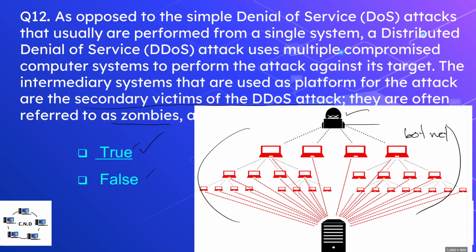And using this system, the attacker targets a victim system or a server and launches a distributed denial of service attack against the system. So this is called distributed denial of service because the attack is carried out by a huge number of systems as opposed to a simple denial of service attack where the attacker carries out the attack individually against the system.